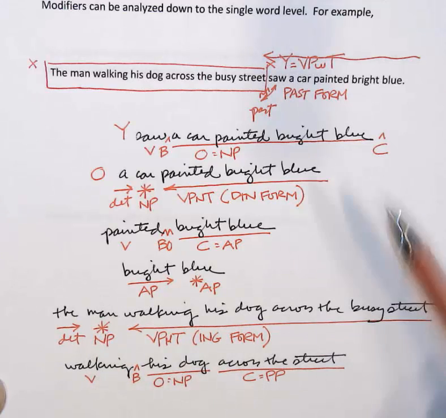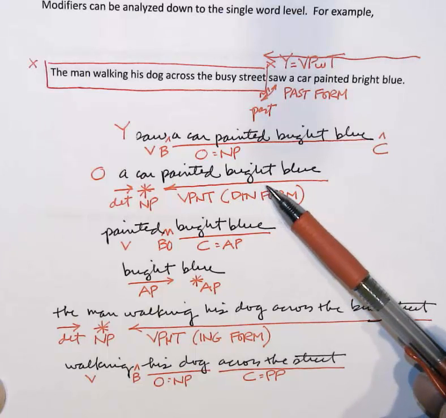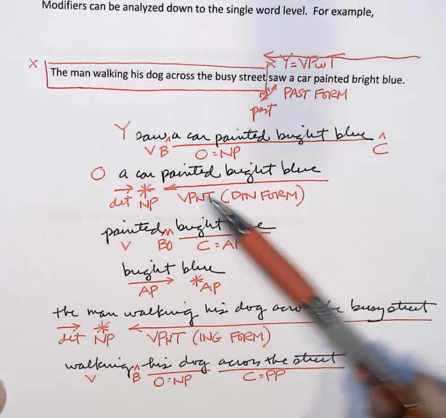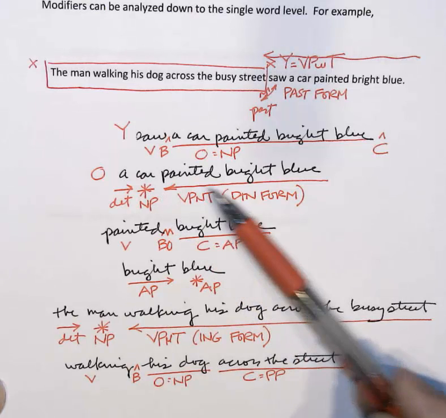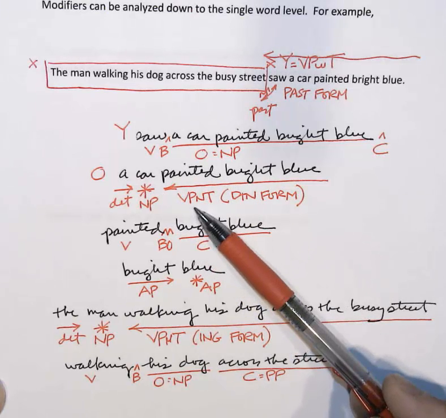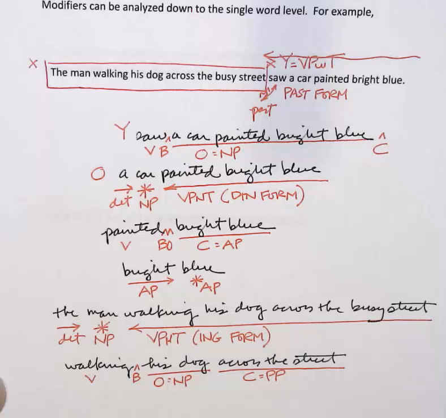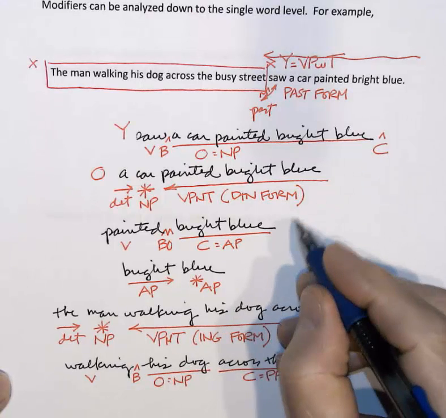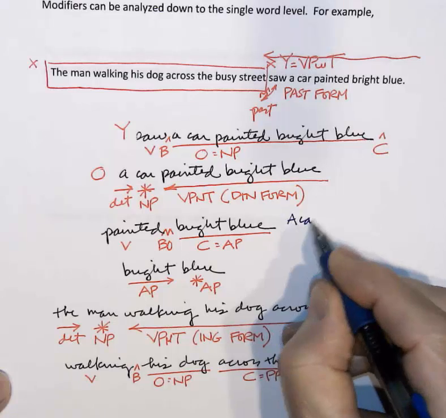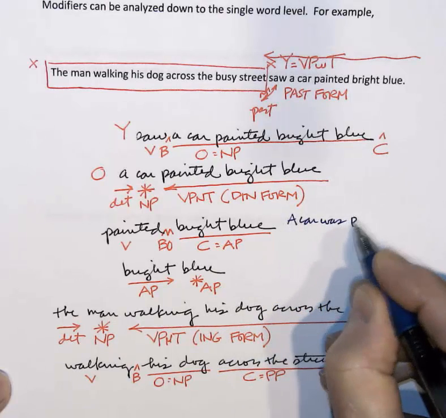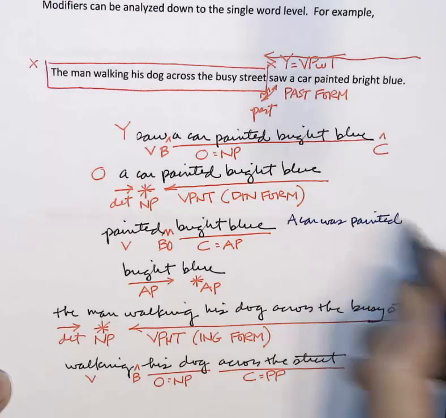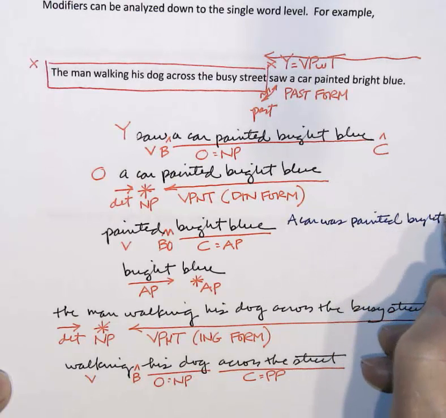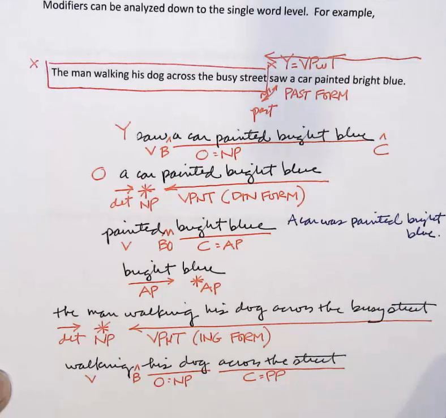Let me say it again with another example. A car painted bright blue. Now, how do we understand how or why this painted bright blue describes the car? Painted bright blue is a verb phrase with no time, and it came from a sentence. Let me show you. It's better to take a look. It comes from a sentence. A car was painted bright blue.